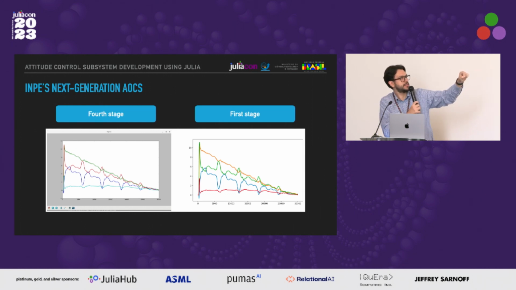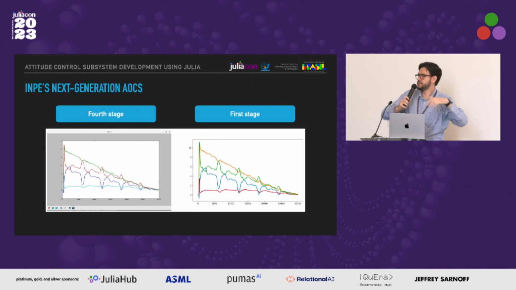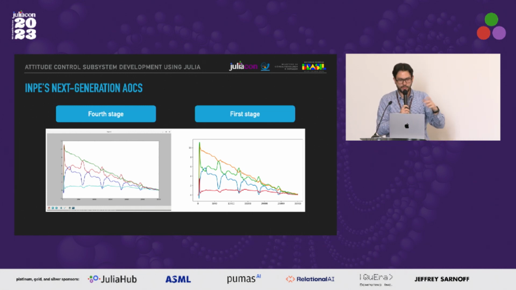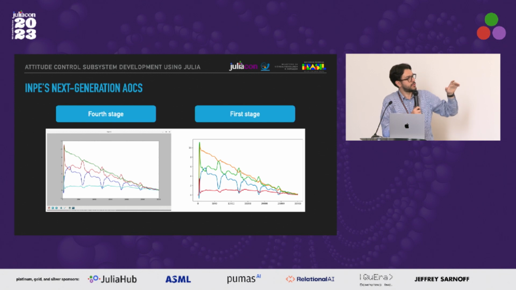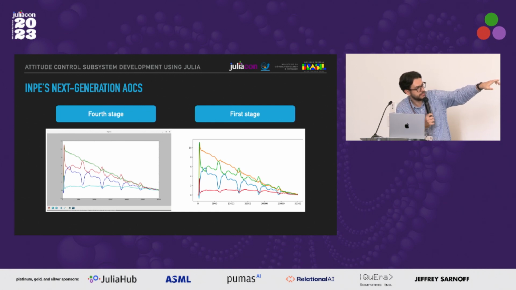The first stage on the right is the result from that 100% Julia simulation that we obtained at the very beginning of the development. So we know that with a set of initial conditions, we must see this kind of result. The x-axis is time in seconds, so it is a bit more than 8 hours.